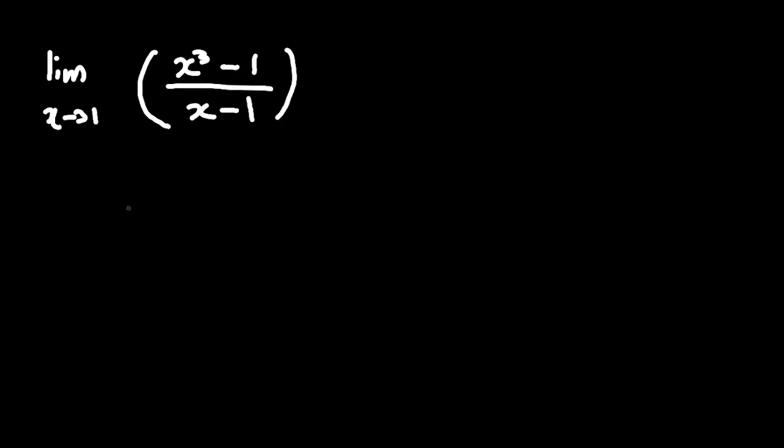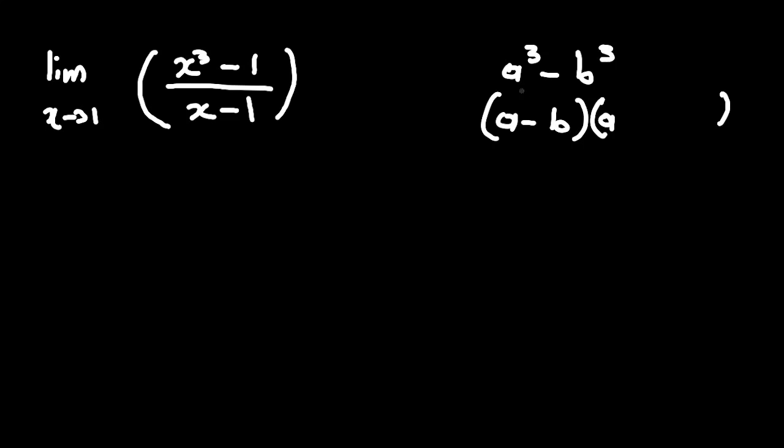In my next example, I have a cubic function. If you have something like a cubed minus b cubed, how do you solve this? You take your a and b minus, then open a parenthesis, and then you have the factors of a cubed. You already have a, so which value can I multiply by a to get a cubed?